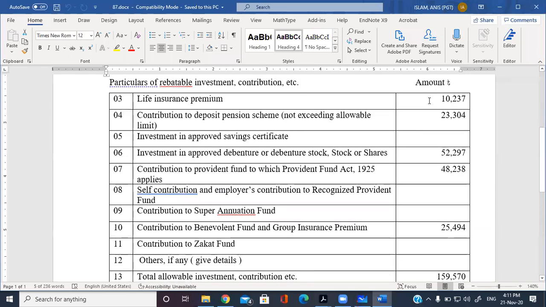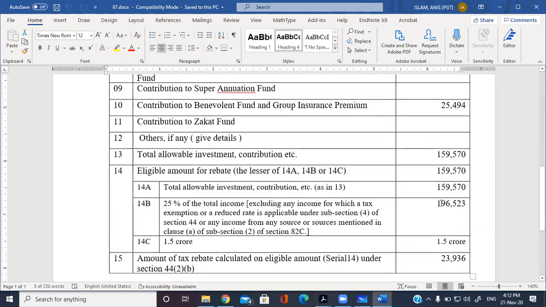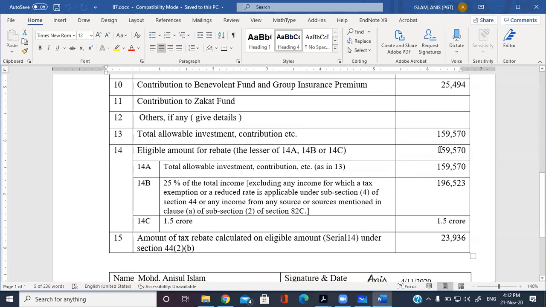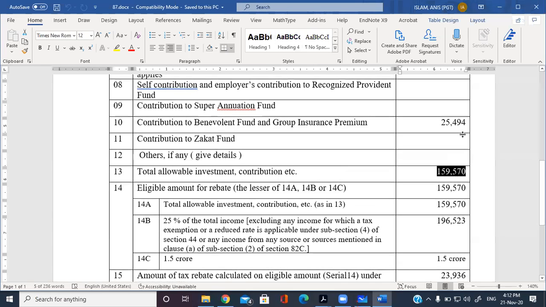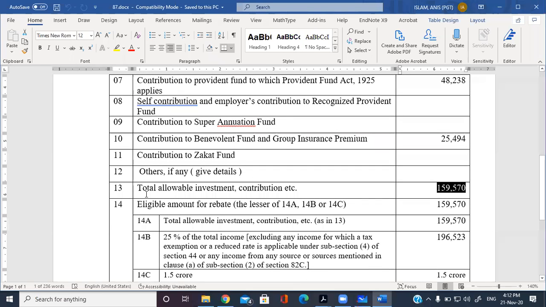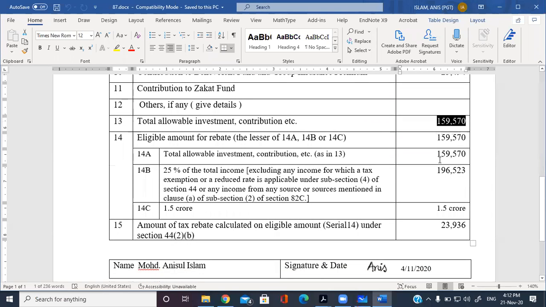So these are all my eligible amounts for rebate. Total allowable for me is how much? 159,570. So this is the number one which we just calculated.